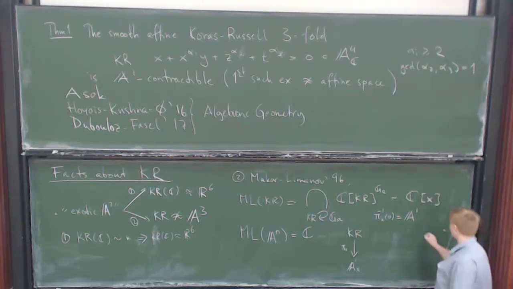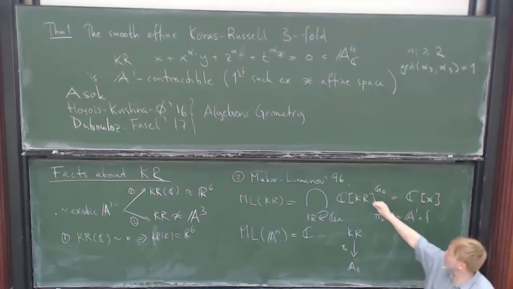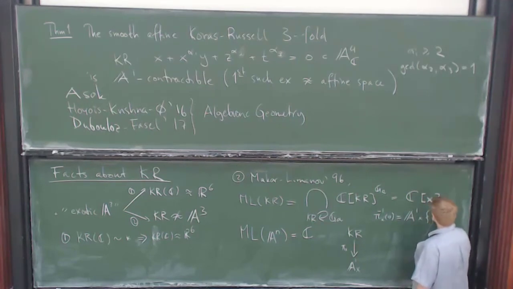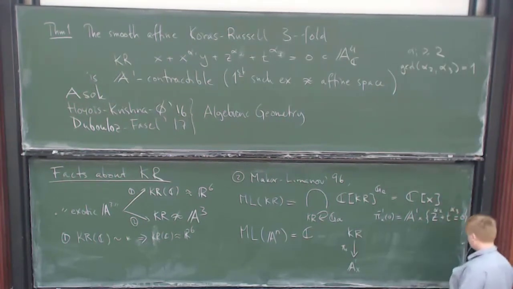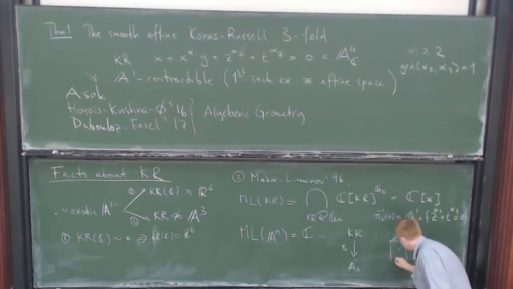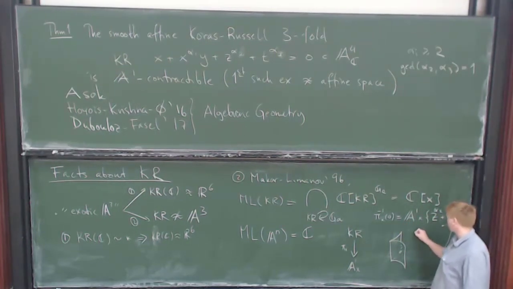So this is A1 cross the part of the equation that deals with z and t, so z^α2 plus t^α3 equals 0. If you like, this looks a little bit like this here. This is the so-called open book surface.